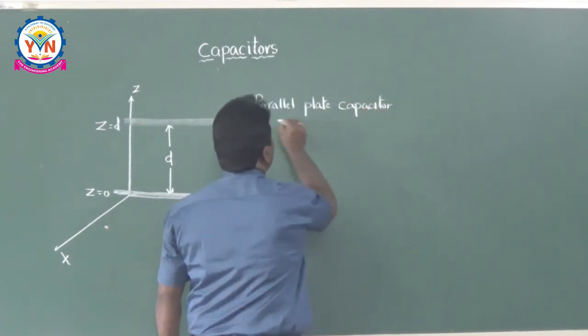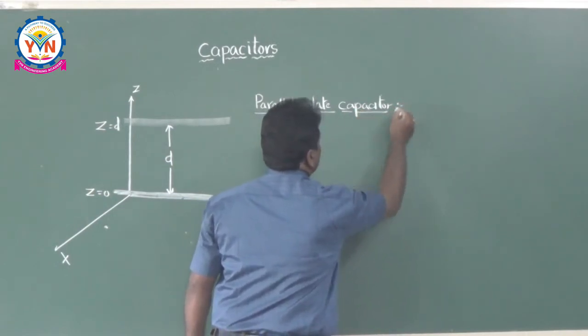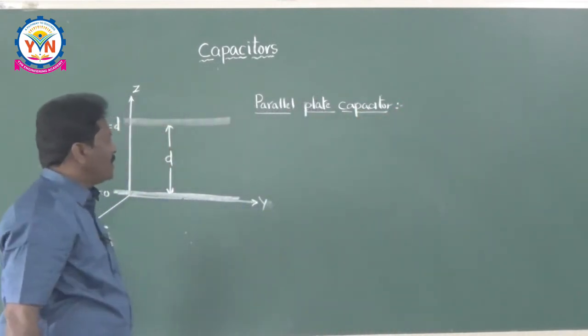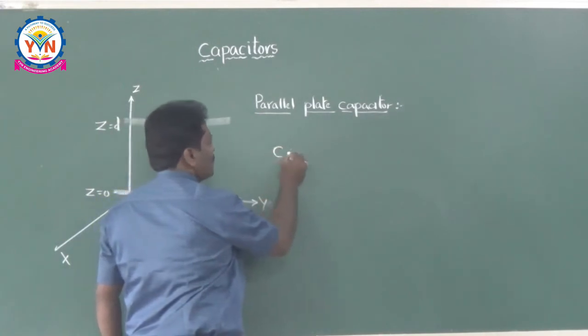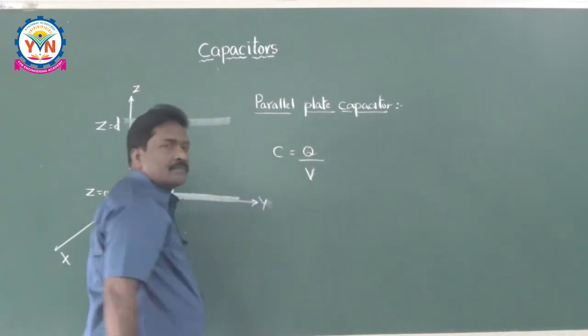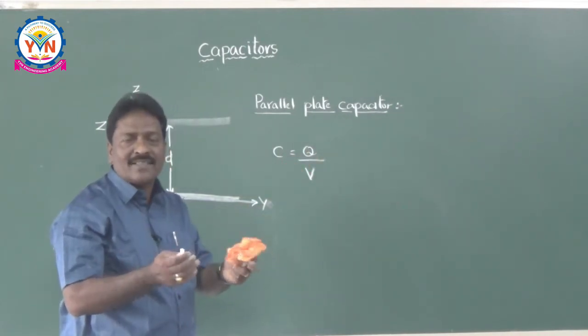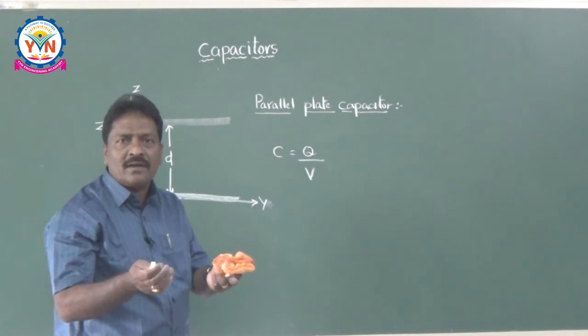Very simple. Already you know from your circuit theory, what is the capacitance? Capacitance is nothing but C is equal to Q by V. But what is Q in our EMF? The charge enclosed. The charge enclosed will be given by which law? Gauss law.